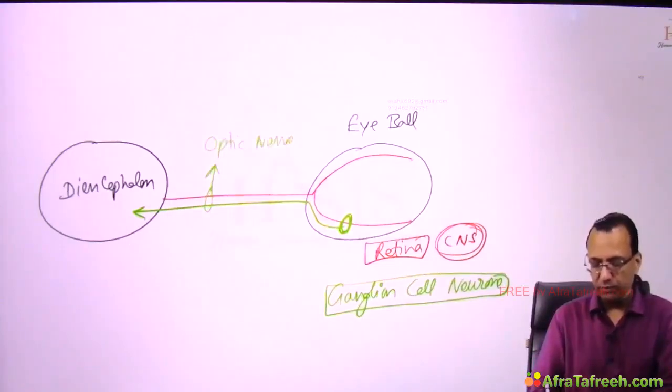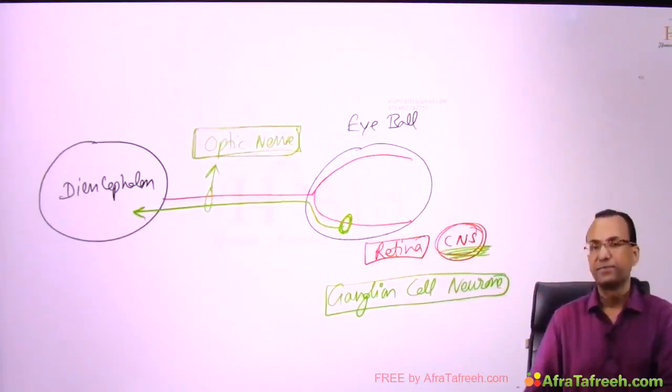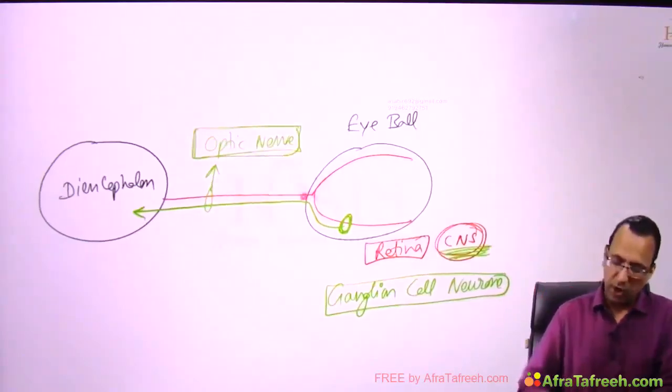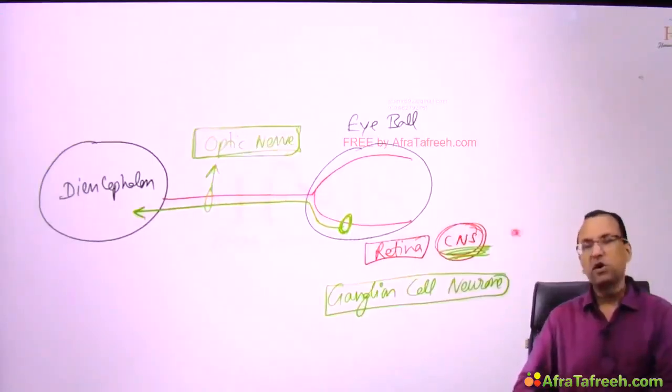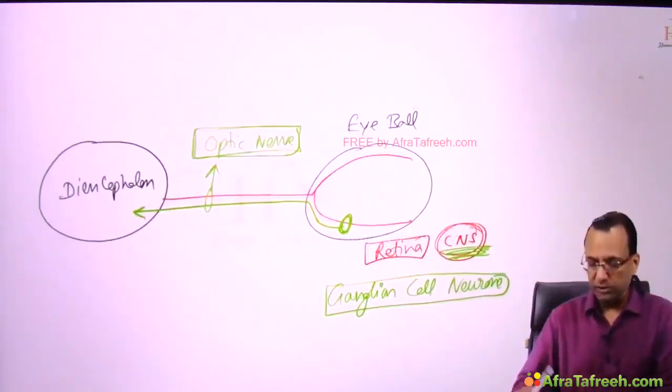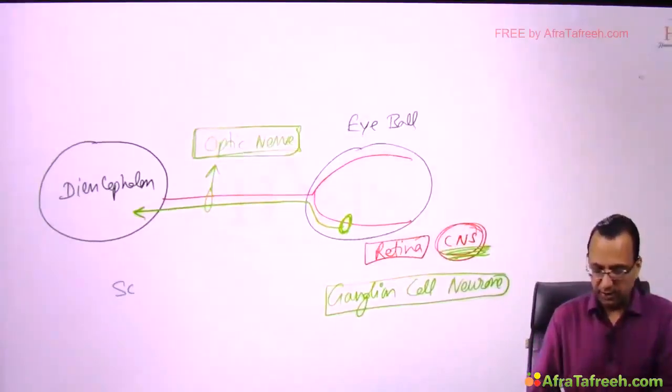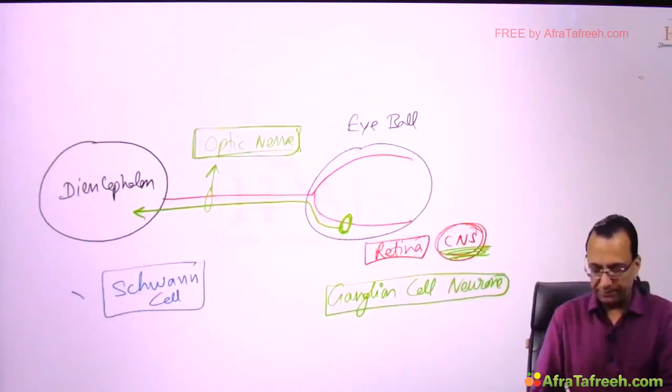Hence proved that the optic nerve is a CNS tract. Now, when you say the optic nerve is a CNS tract, it is not myelinated by Schwann cells. It is actually myelinated by the oligodendrocyte.